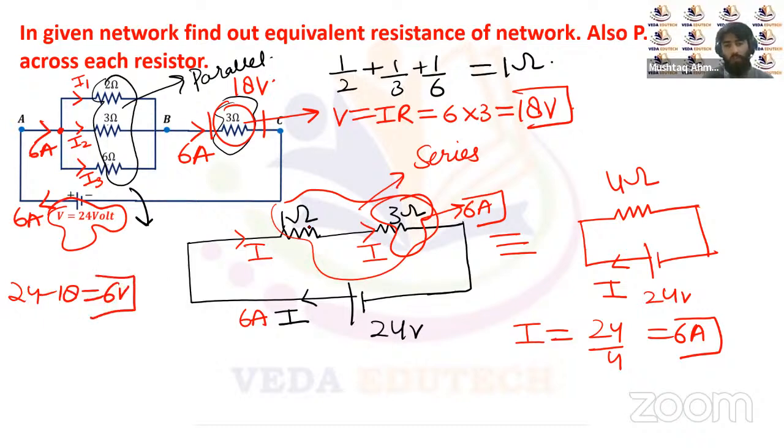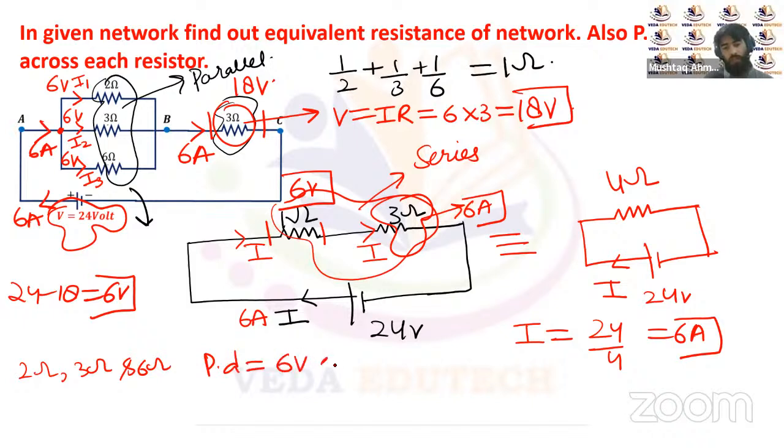It means that a 6 volt potential difference has to be across this 1 ohm resistor, and this 1 ohm resistor is the equivalent of the 2 ohm, 3 ohm, 6 ohm. It means that each of these 2 ohm, 3 ohm and 6 ohm resistors will have a potential drop of 6 volts each, right?